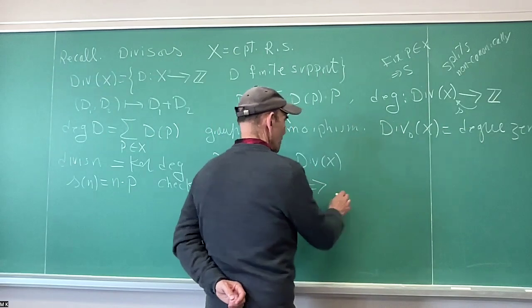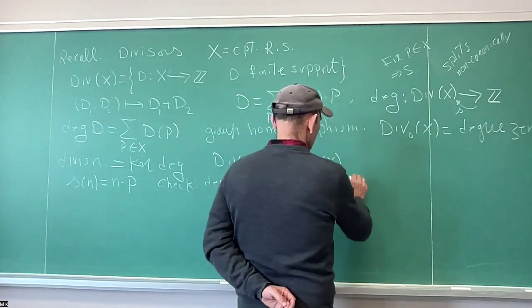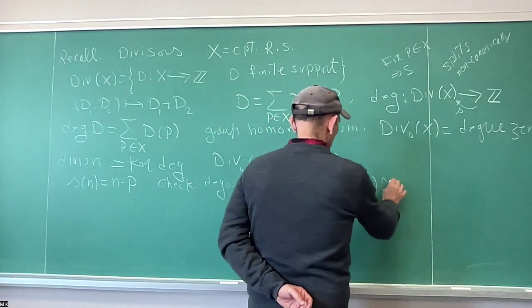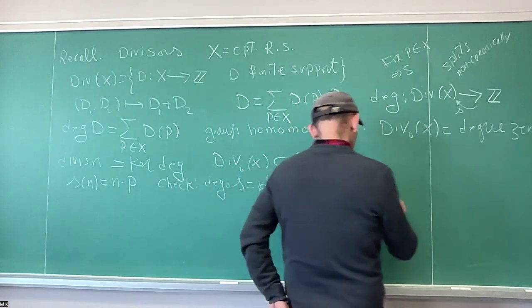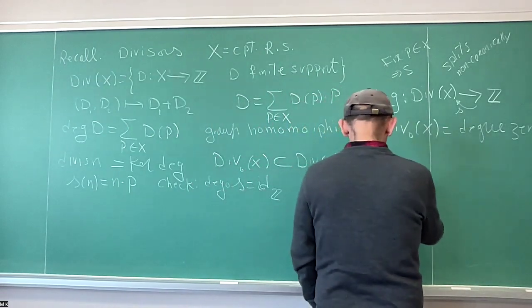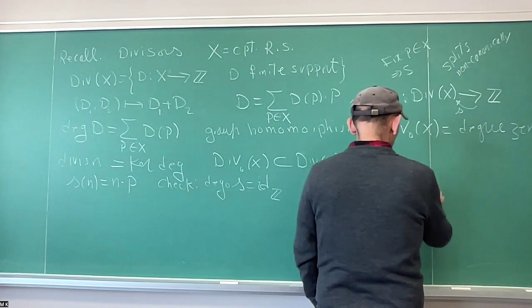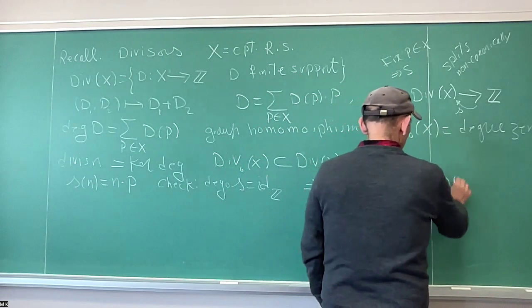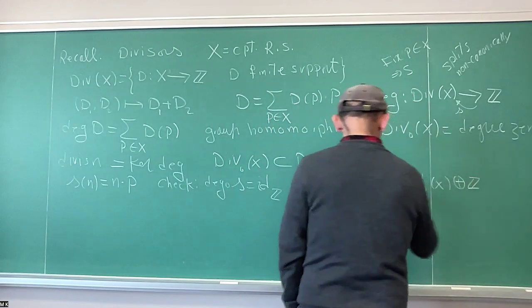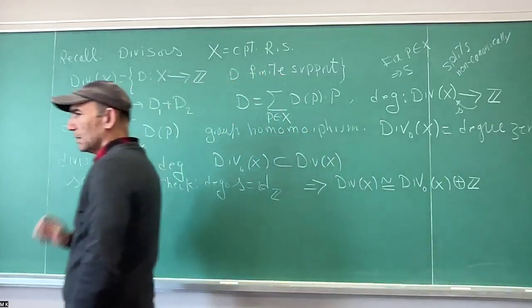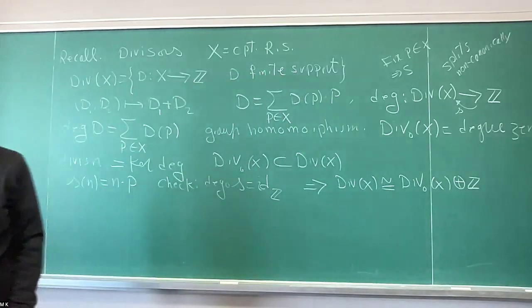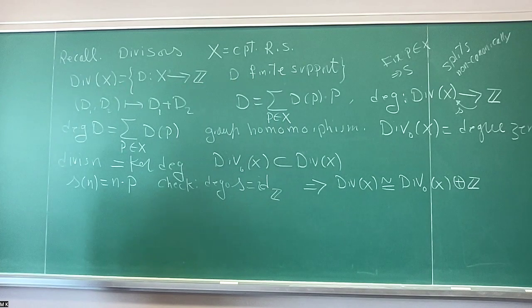You can prove here that Div(X) is isomorphic to Div^0(X) direct sum Z. This is not so important for us now, but bear it in mind.